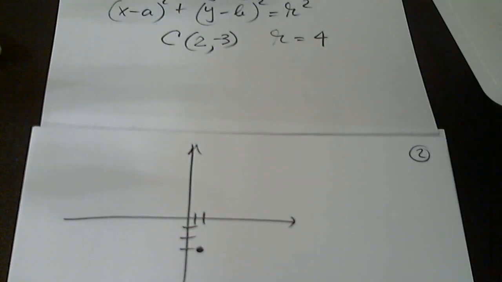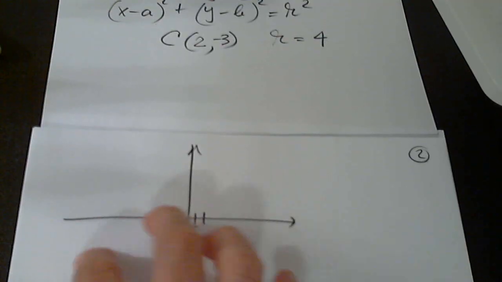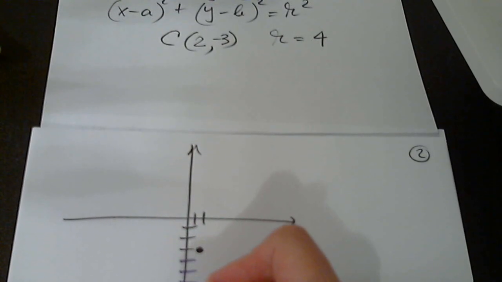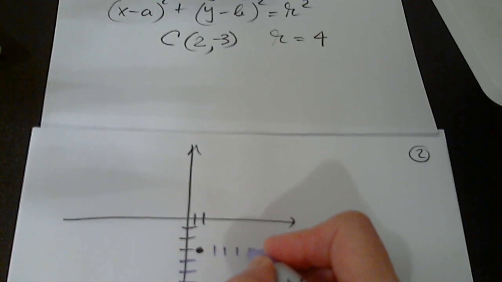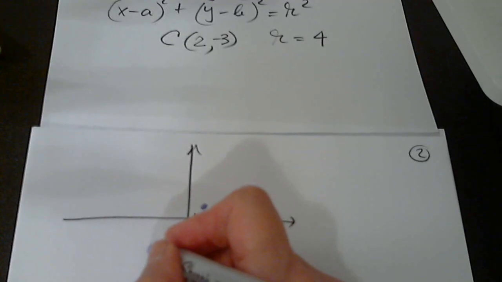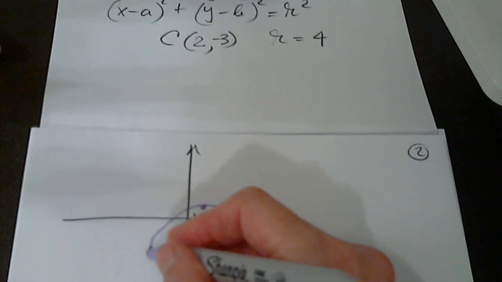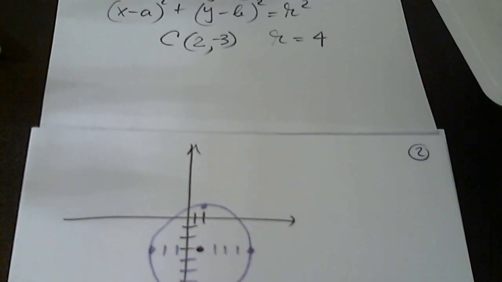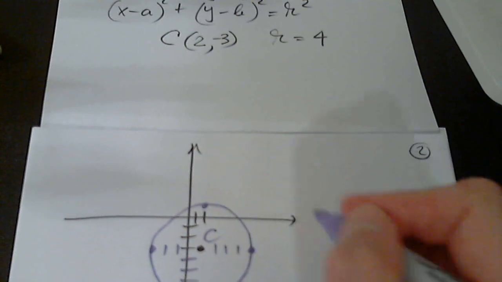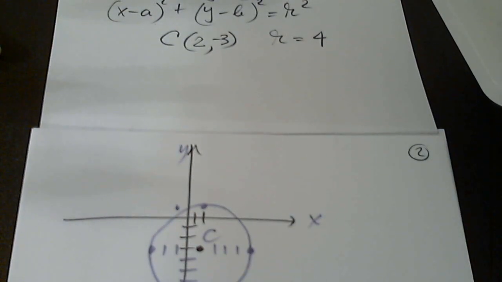And now I will determine points 4 units away, east, west, north, south. 4 down. 4. This is 3. One more. 1, 2, 3, 4. The circle will not be perfect. This is it. This is the center, and this is the equation of the circle. Any questions on this?